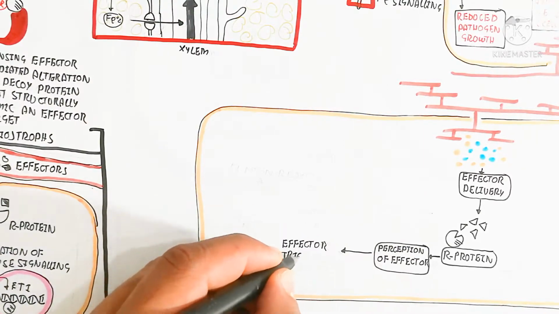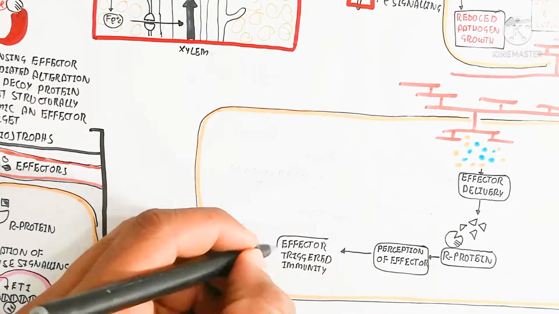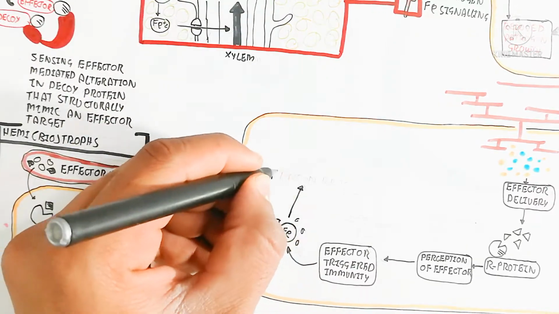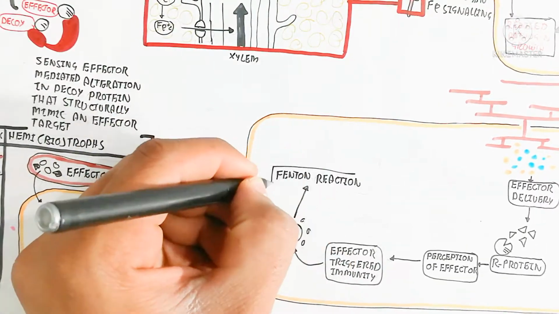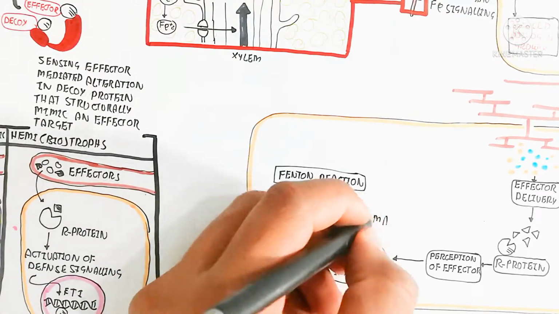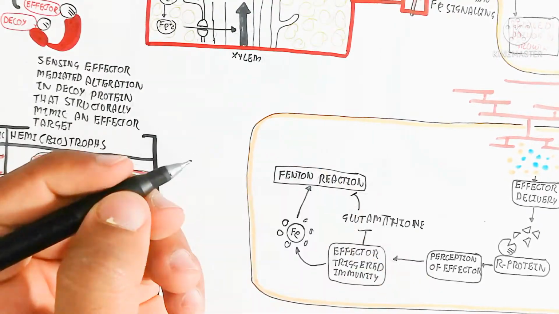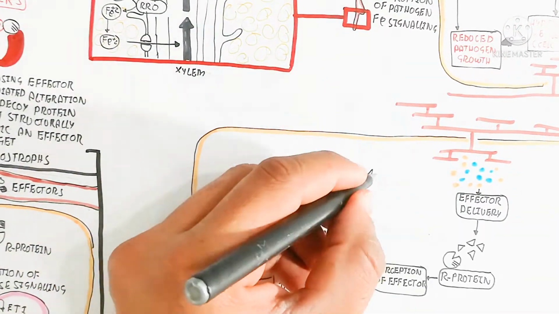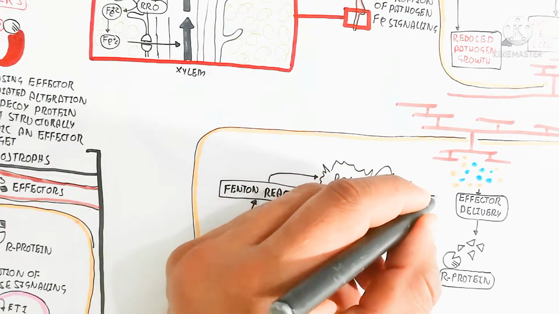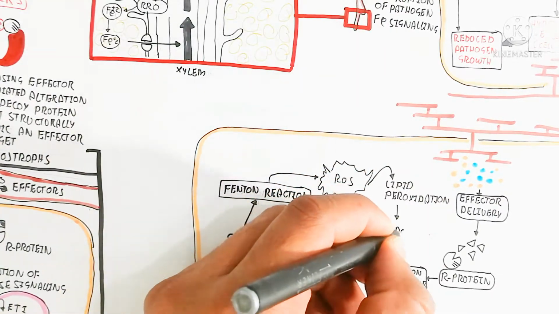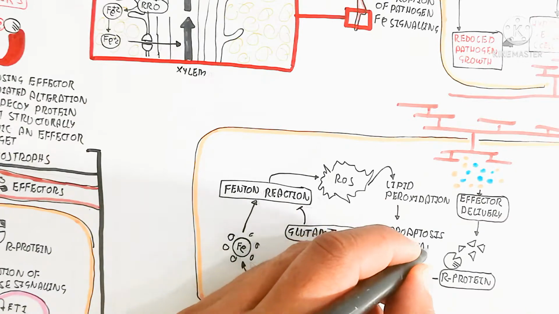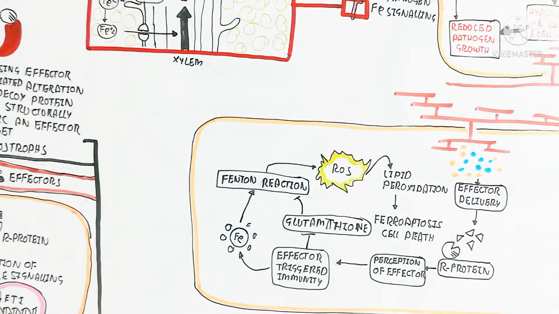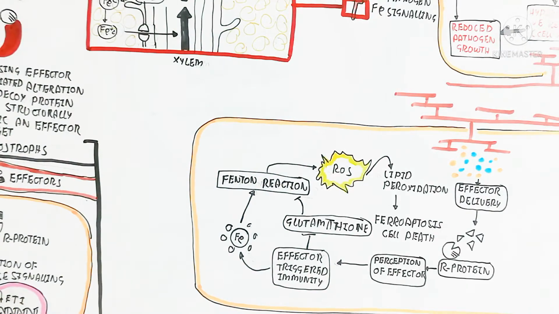After the binding with the R protein, the reception of the effector, the effector-triggered immunity, will lead to the iron Fenton reaction, and this Fenton reaction will produce the reactive oxygen species, but the glutathione will be inhibited, because effector-triggered immunity will inhibit the glutathione, and this inhibition of the glutathione will trigger the Fenton reaction to lipid peroxidation, and ferroptosis or cell death will occur due to the deficiency of the iron.